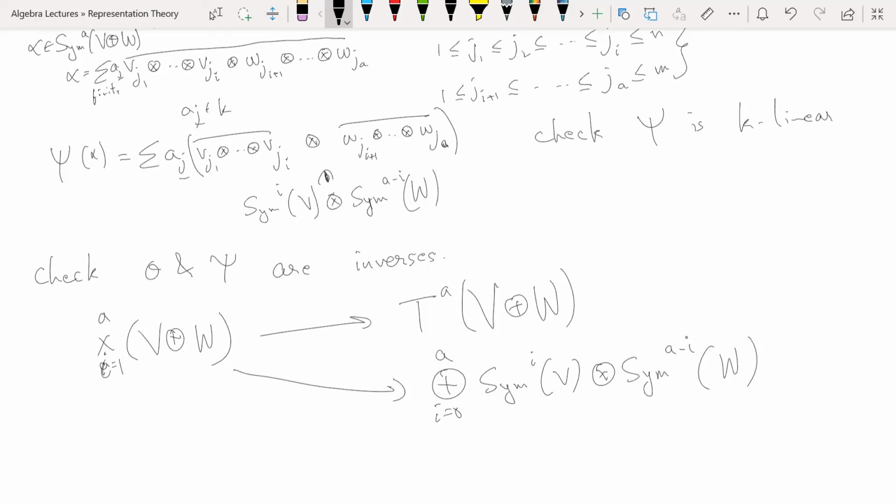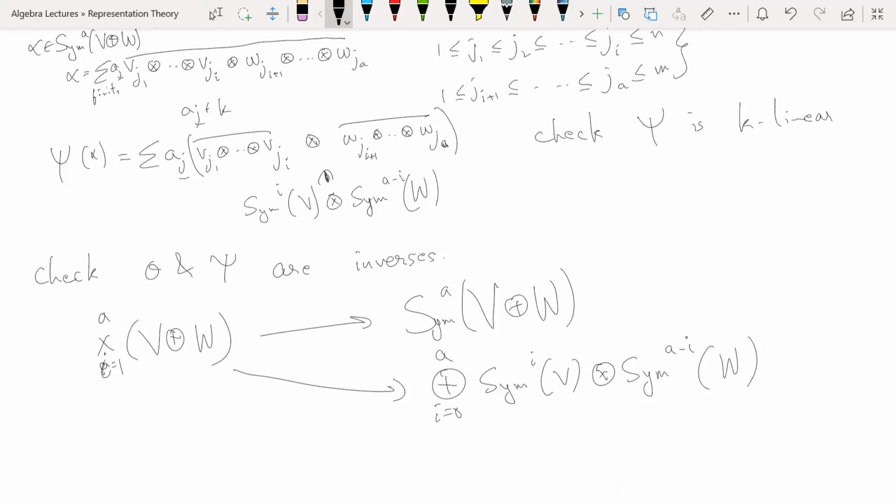Since you are extending linearly, it will be multilinear, and since it's going into the symmetric, it will be symmetric multilinear. Then use the universal property to say that it factors through Sym^A of V plus W. So directly you can get a map from this to this. That's another way of doing it.